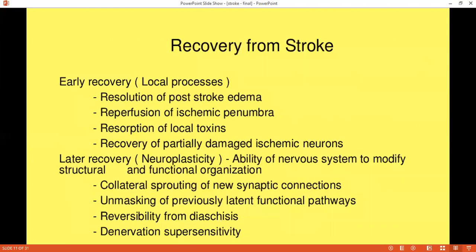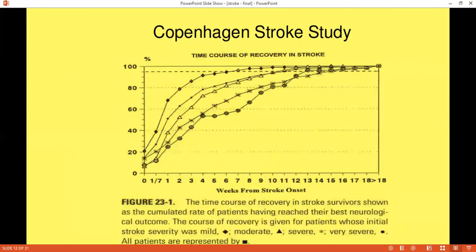The recovery from stroke, early recovery: resolution of the post-stroke edema, reperfusion of ischemic penumbra, reabsorption of local toxins, later recovery: collateral sprouting, unmasking, reversal of diaschisis, denervation supersensitivity. So there is a graphical presentation.